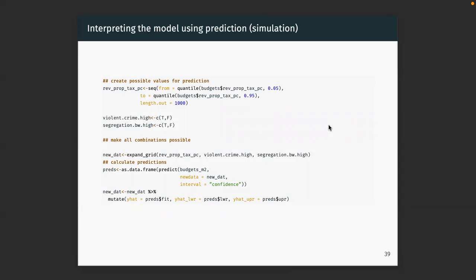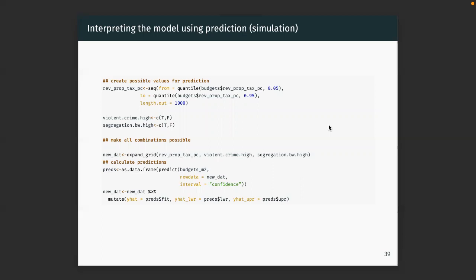I'm going to take the 5th percentile of my observed data for property tax revenue and the 95th percentile, and I want to get 1,000 values between those 2 points. So I'm going to get a 90% coverage of the data, but then I'm going to step it up between the 5th and 95th percentile to make it even steps between those 2 points. That's what RevTax PC will do.